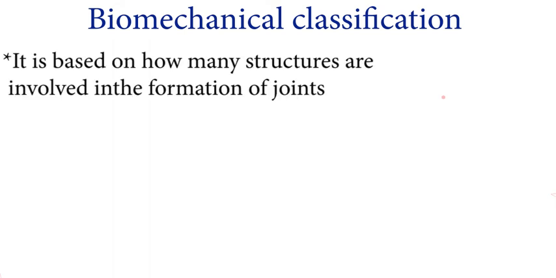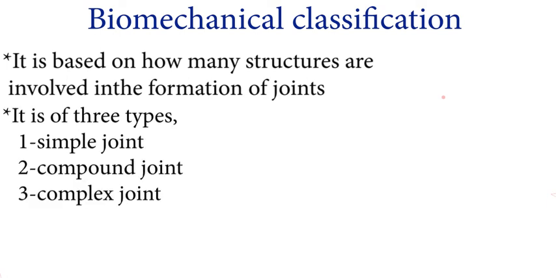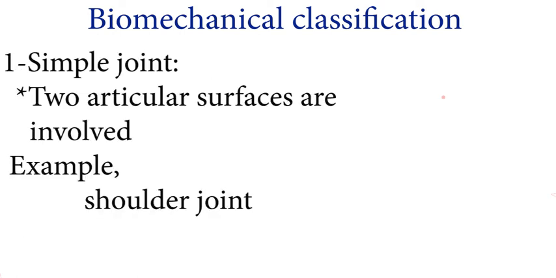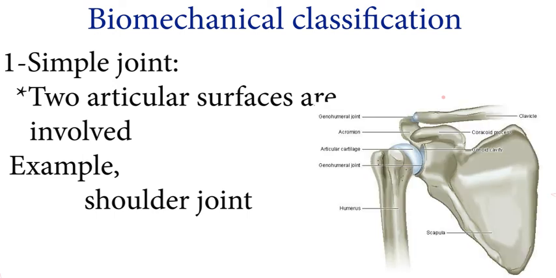Now we will discuss the last classification, which is biomechanical classification. This is based on how many structures are involved in the formation of joints. It is of three types: simple joints, compound joints, and complex joints. In simple joints, only two articular surfaces are involved. Example, shoulder joint, which is formed between scapula and humerus.